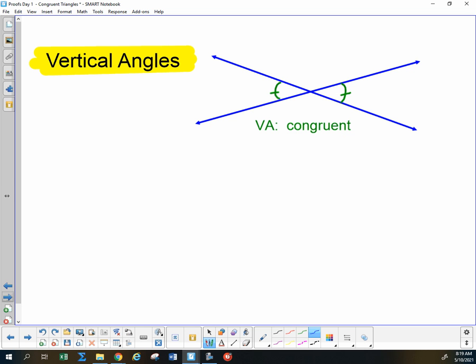Okay, another thing going way, way, way back, remember vertical angles? You may have those in proofs and they're congruent, and we would abbreviate that with VA. But we will always have to use 3 letters.